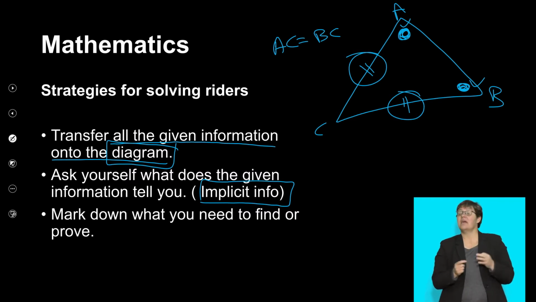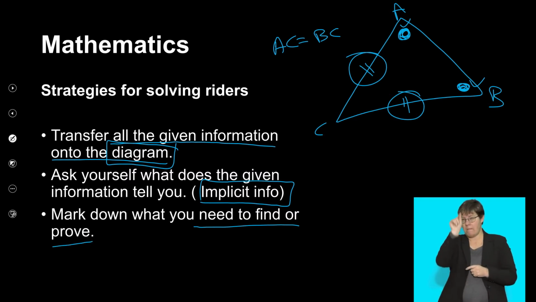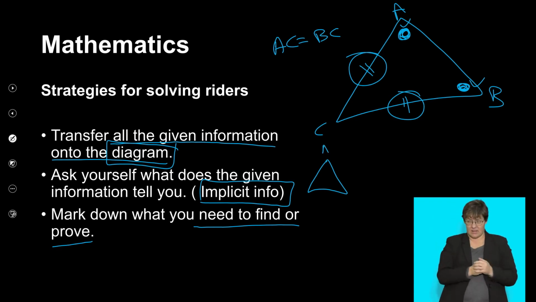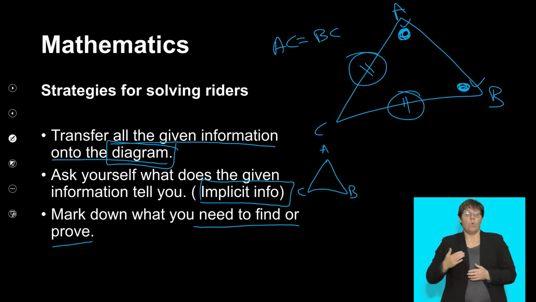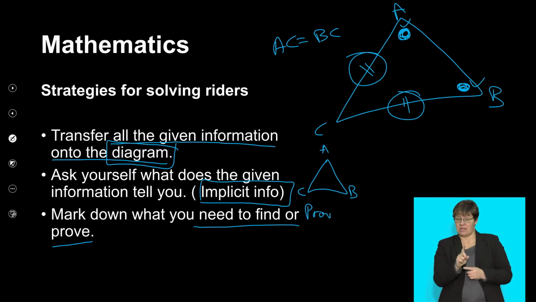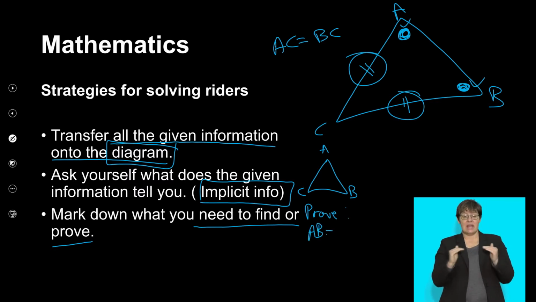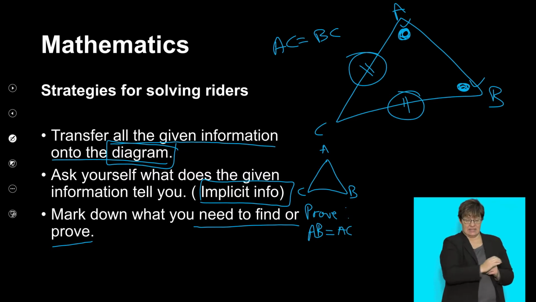Lastly, you mark down what you need to find or prove. Please understand this. Let me make an example. If I give you that diagram, the triangle, and that's A, that's B, that's C, and the question says prove that AB is equal to AC.